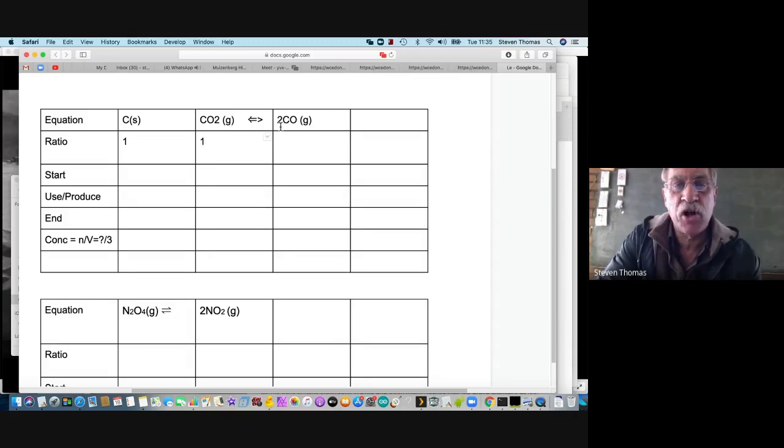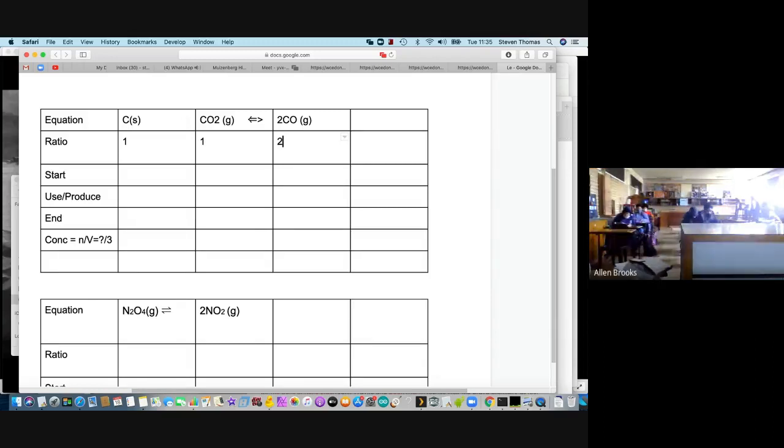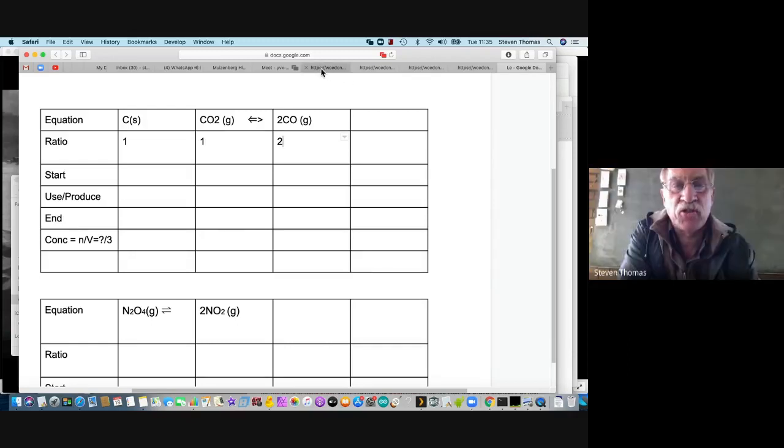And in front of the carbon monoxide? 2. So that's, but guys, just check that it's balanced. 1 carbon plus 1 carbon forms 2 carbons. 2 oxygens on the left, 2 oxygens on the right. It's always got to be balanced. I'm not sure that they will ever give you an unbalanced equation, but just in case, it's always got to be a balanced equation.